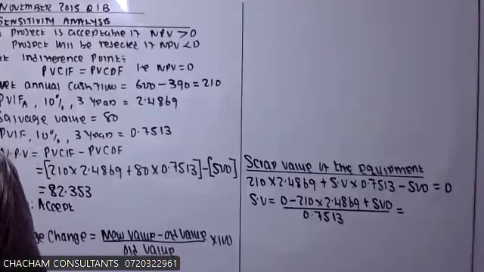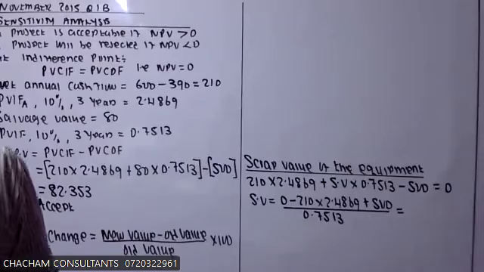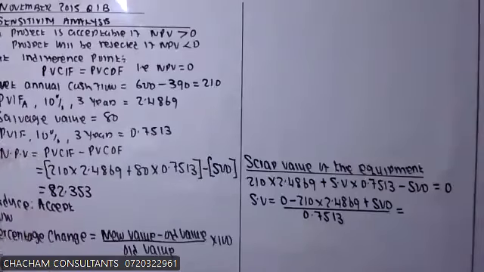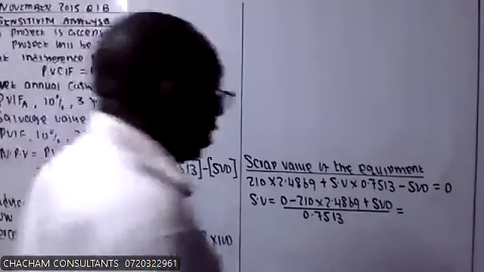Times 2.4869. Hadi kuna mahali tunakosea. Sawa, it should be negative. Sawa, inakuja negative 29.614.